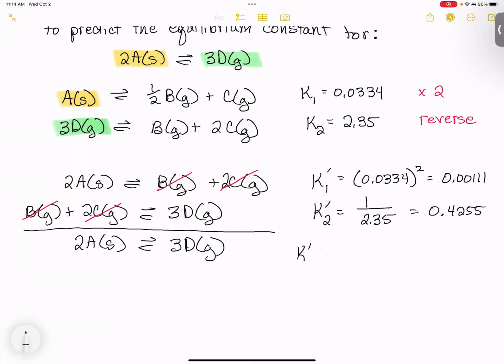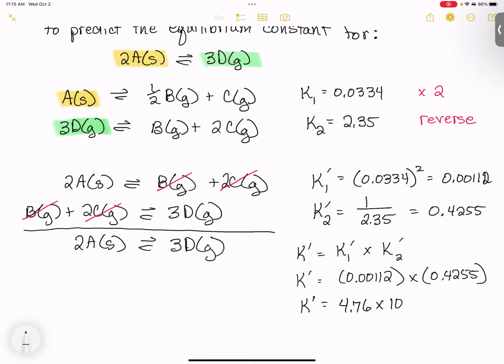According to that, our K prime is going to equal the K1 prime times the K2 prime. So our K prime is going to equal 0.0011, technically it was a 2, times 0.4255. So our K prime for this reaction is 4.76 times 10 to the minus 4.